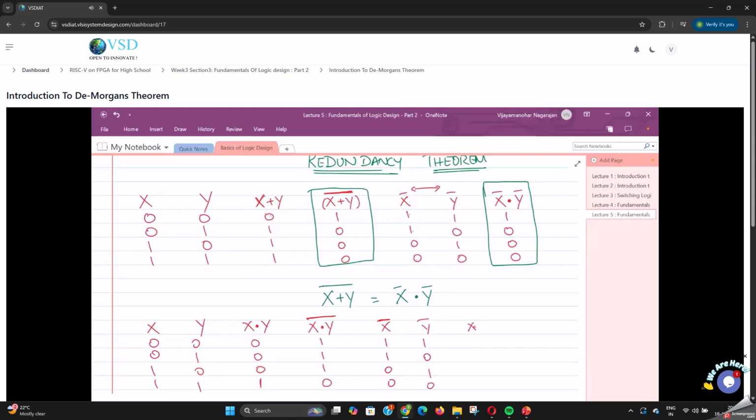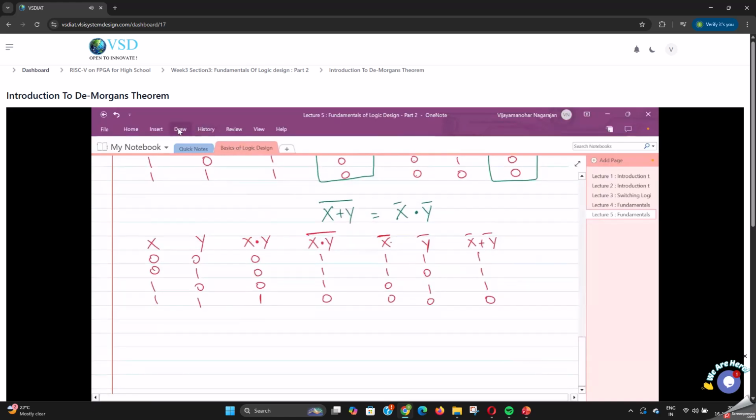Now I am going to OR X bar and Y bar. 1 ORed with 1 gives me 1. 1 ORed with 0 gives me 1. 0 ORed with 1 gives me 1. 0 ORed with 0 gives me 0.